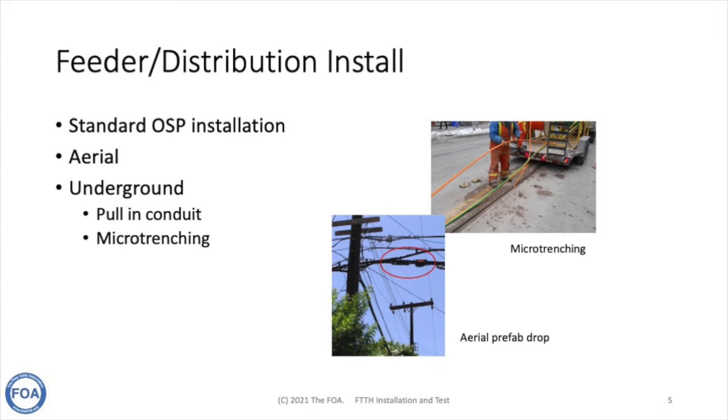But there's also, in the cities, a lot of new techniques being used, like micro-trenching, where a groove is cut into the road, micro-ducts are laid in, and micro-cables blown into the micro-ducts. It's good if you're an outside plant construction technician to make sure you're familiar with new techniques like micro-trenching, because they are being widely used in urban and suburban areas for fiber to the home installation.